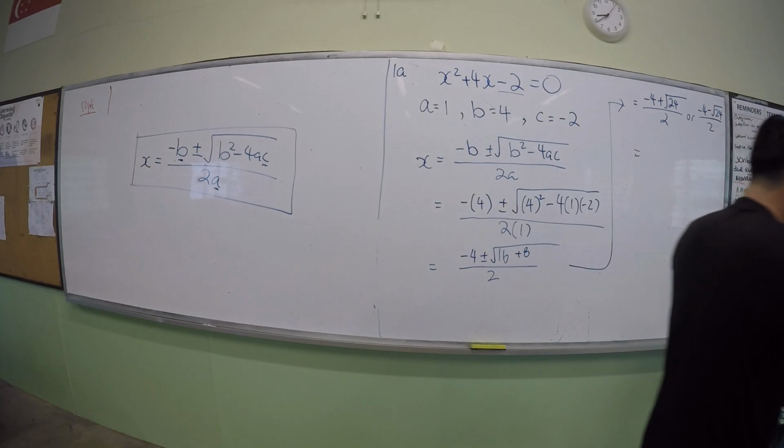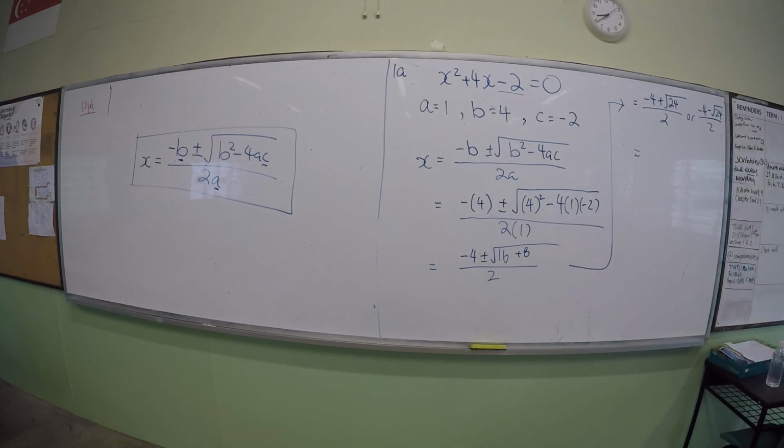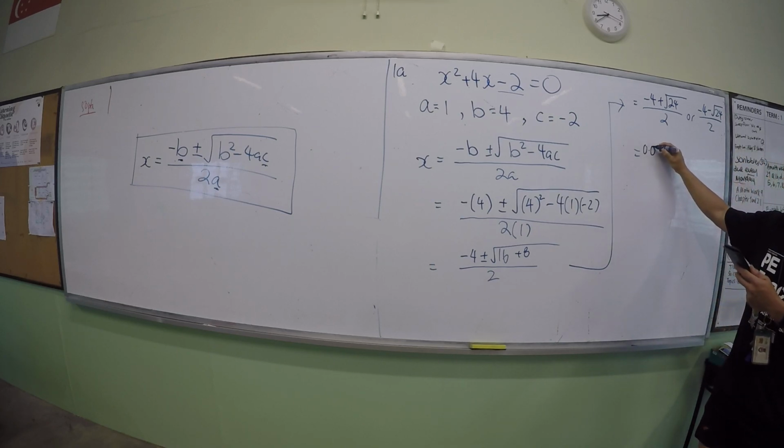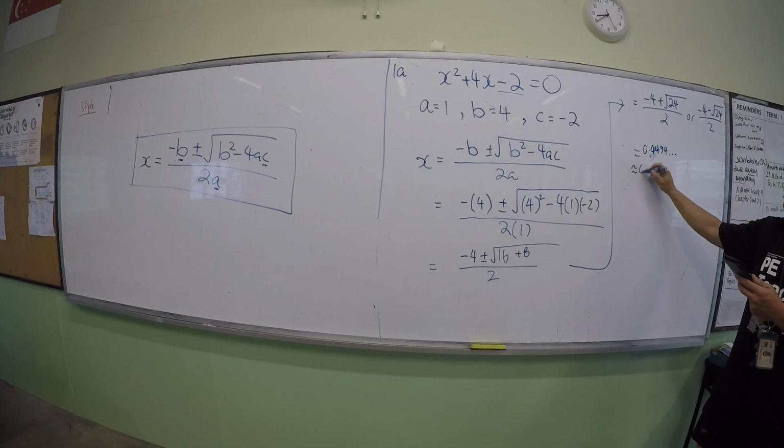Negative 4 plus square root of 24, press equal sign already, divide by 2. You will get 0.449, so on. So it's roughly 0.449.